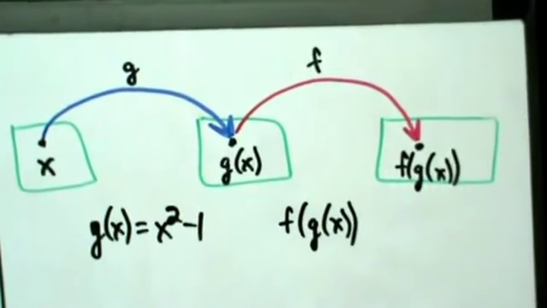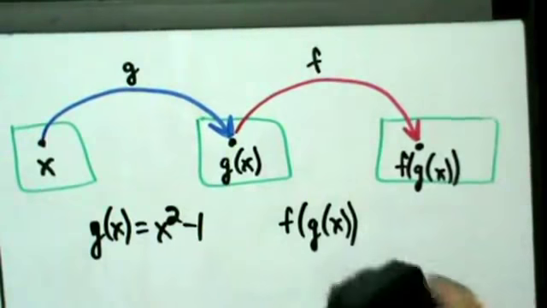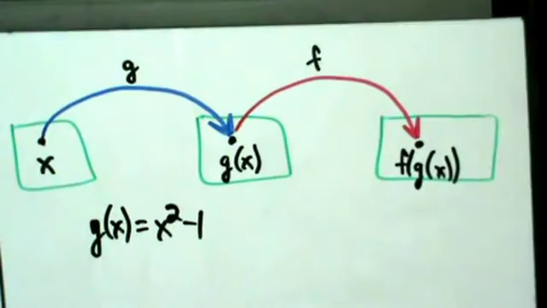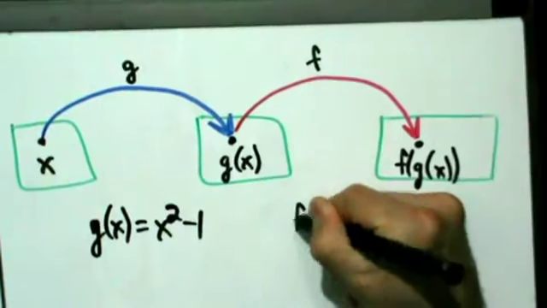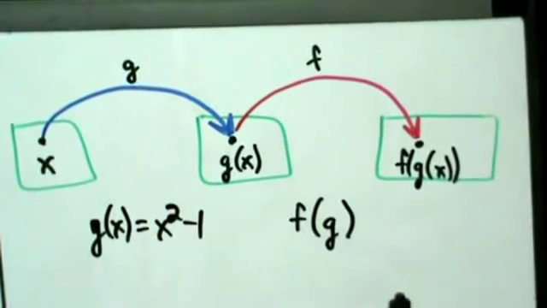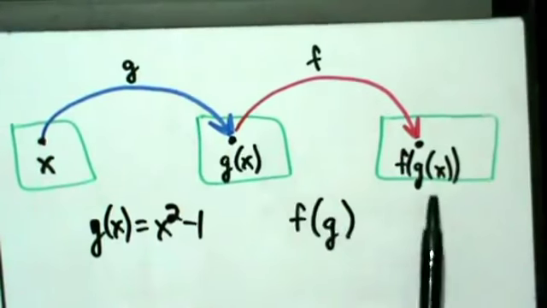Now what I want to do here is, instead of f of g of x, I want to write f of g. So we're going to sweep some details under the rug here, and that's fine because we're just talking about this a little bit informally for now, so we don't want to worry about some of the technical details. But instead of f of g of x, let's just say f of g. Okay, so f is just going to take g over here to f of g.